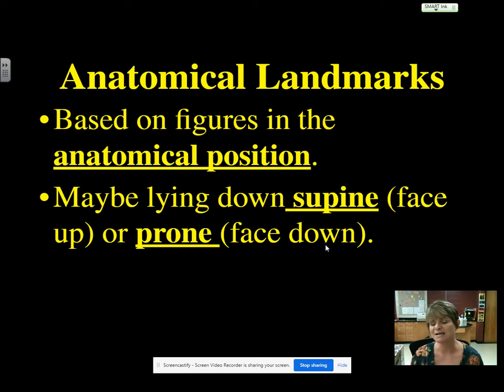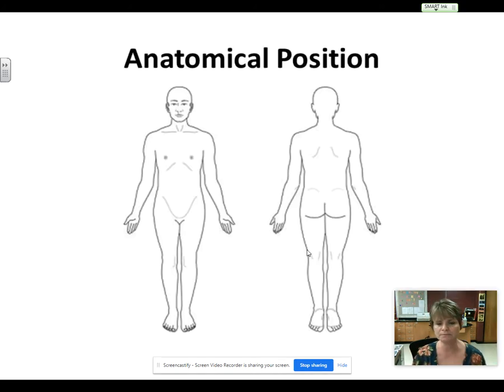Now, when we look at the actual position of the human body, the anatomical position, we're going to be considering the body standing up. But we know that if someone is unconscious, then they would not be standing up. They would probably be lying down. So if you hear that word supine, you know that is face up and prone is face down. An easy way to remember that is up is in this name, supine, right here, UP, up. So that's face up, prone is face down.